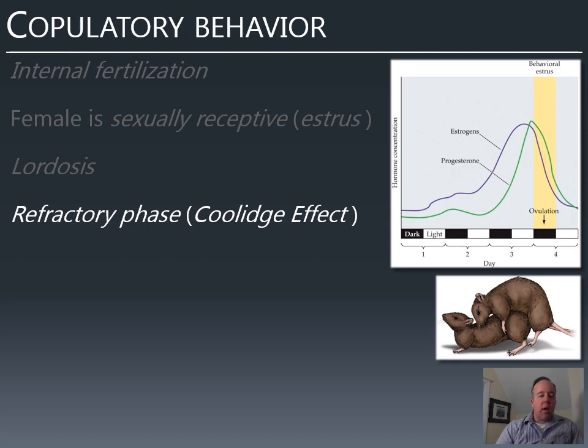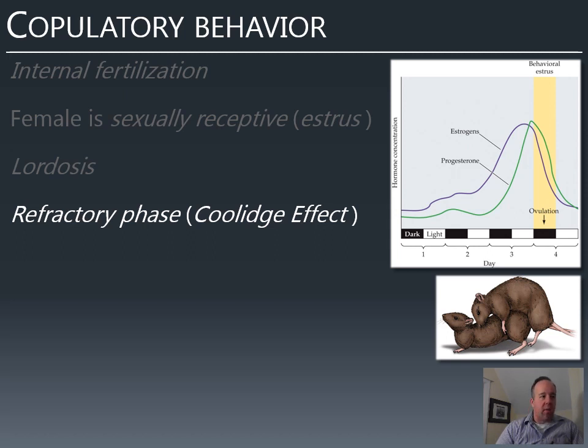copulation again. What's interesting is what's called the Coolidge effect. And this is where the refractory period, the refractory phase, is immensely shortened if a new sexual partner is presented.